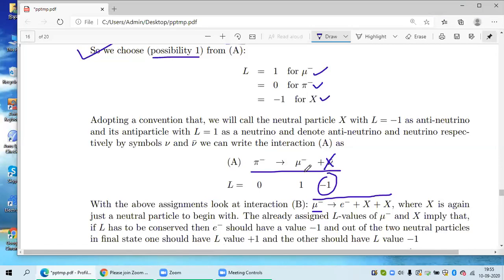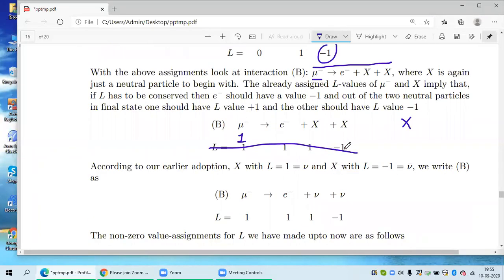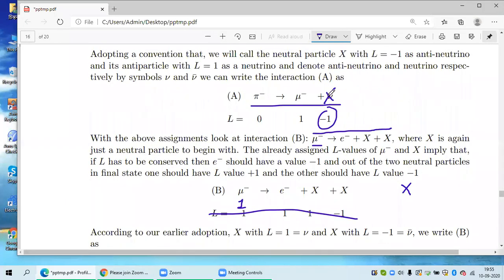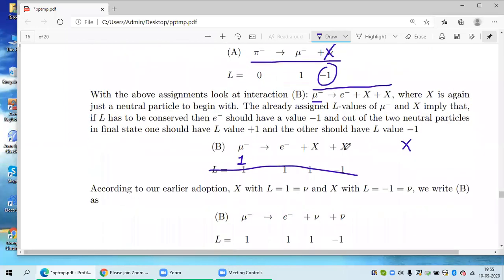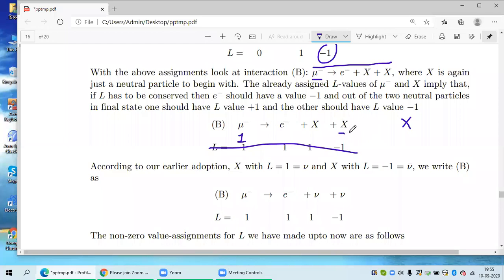According to the first equation, and this is the second equation. If I assume that these two X's are the same as that X in the first equation, these neutral particles being the same, then we should write this equal to minus 1, this equal to minus 1.